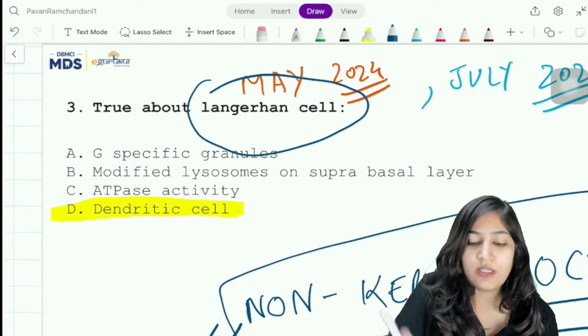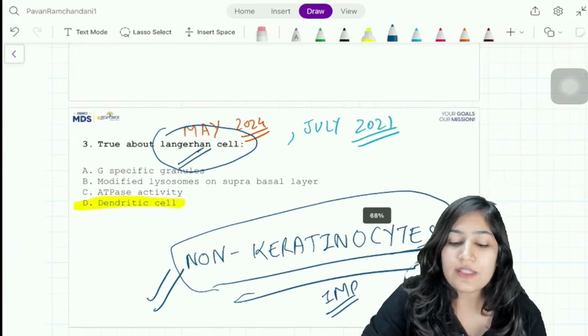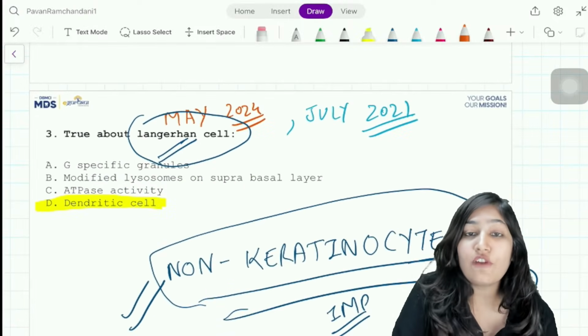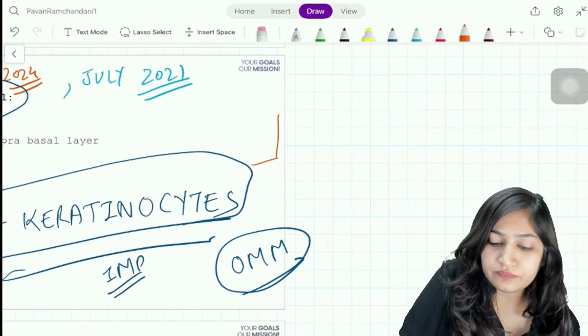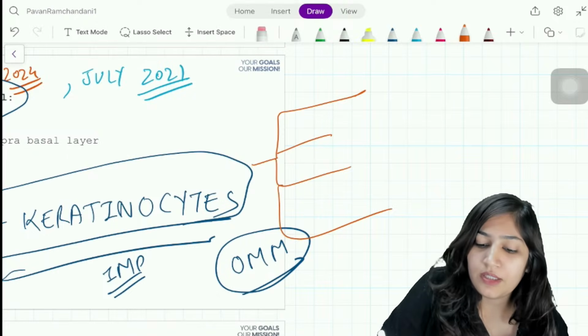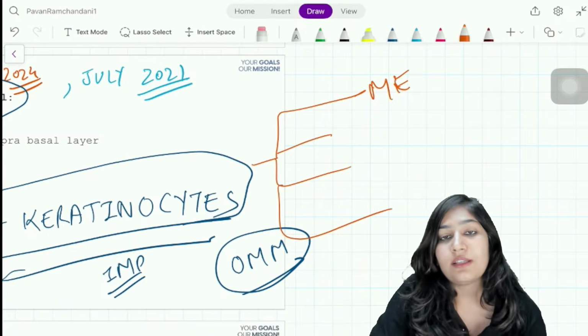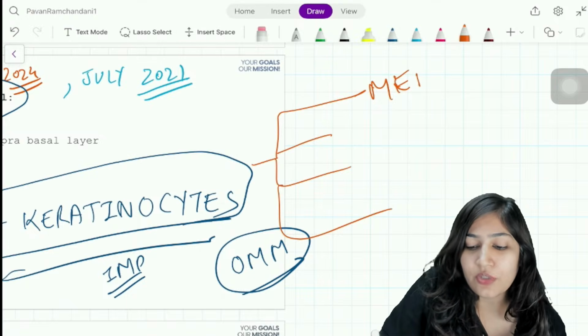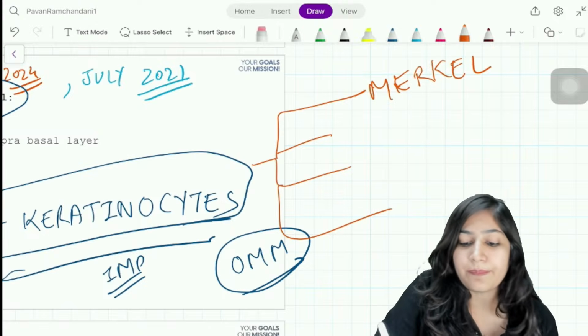So Langerhans cells are what? They are non-keratinocyte cells. These non-keratinocyte cells are mainly of 4 types. Which are the non-keratinocyte cells in OMM? Merkel cells. So you should be thorough with all the non-keratinocyte cells, you can get an MCQ on any one of them.